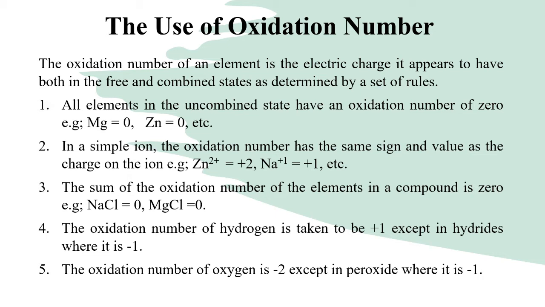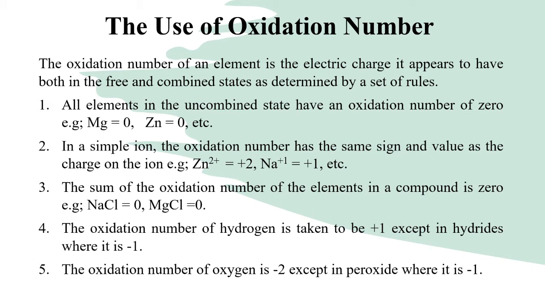A charge can be positive or negative. Rule number 1: all elements in the uncombined state have an oxidation number of 0. For example, magnesium is 0.